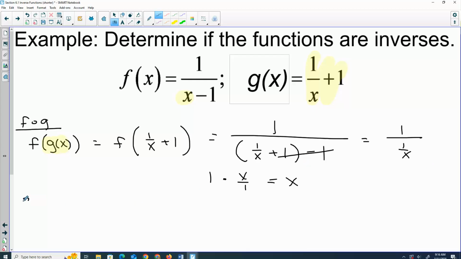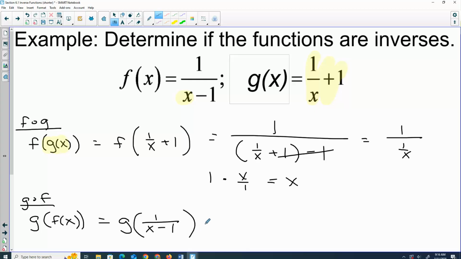So now we do g composed with f. So that means g of f of x. So we start on the inside. f is 1 over x minus 1. We put that into g. g is 1 over the thing I'm plugging in.